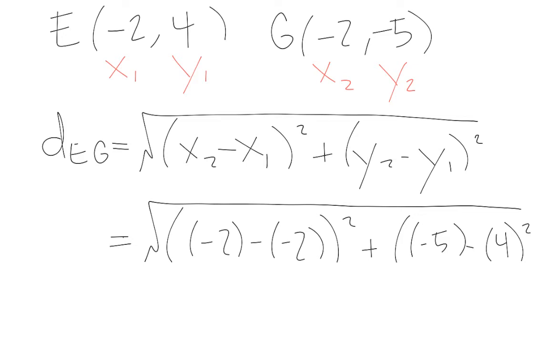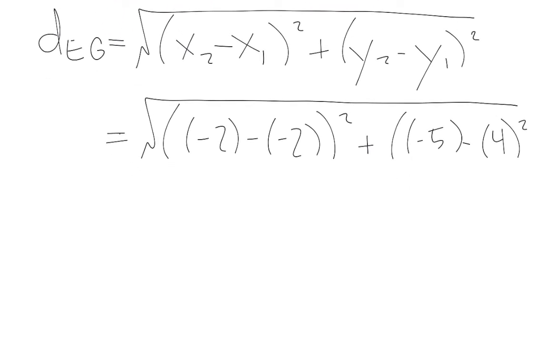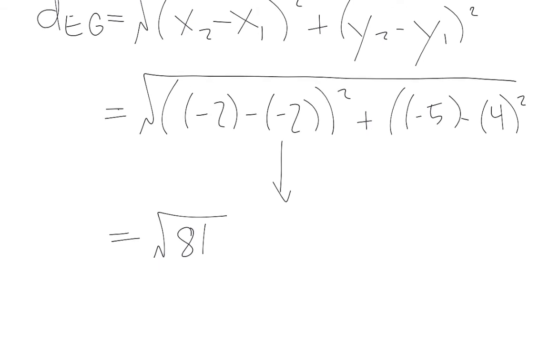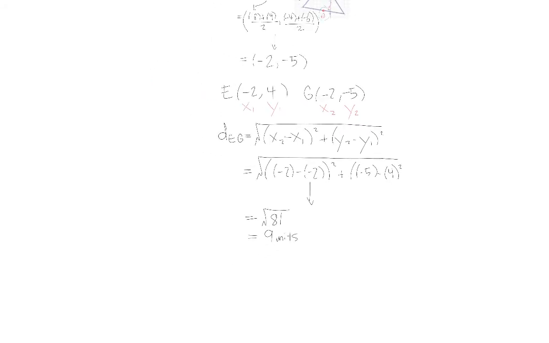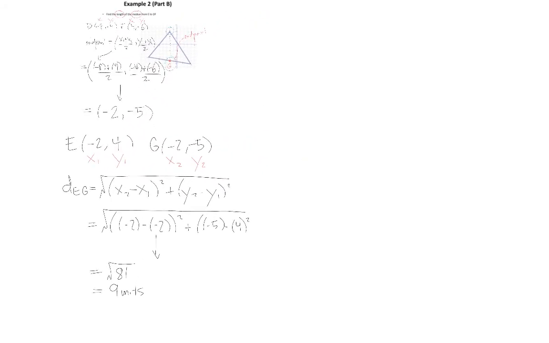You can go ahead and do those steps on your own, and eventually you should end up with the square root of 81. And if I were to simplify that, you would get 9 units. Let's go ahead and see all the work that we did for this one question.